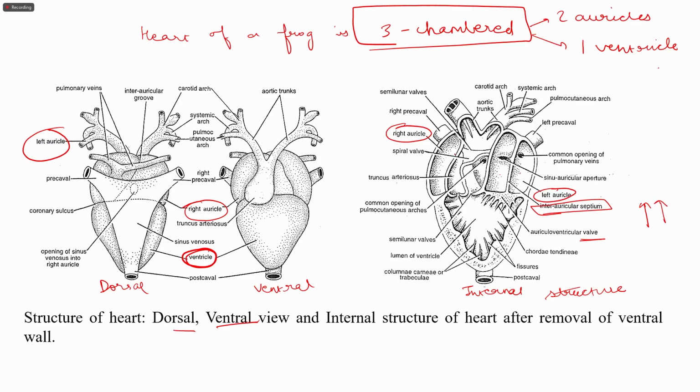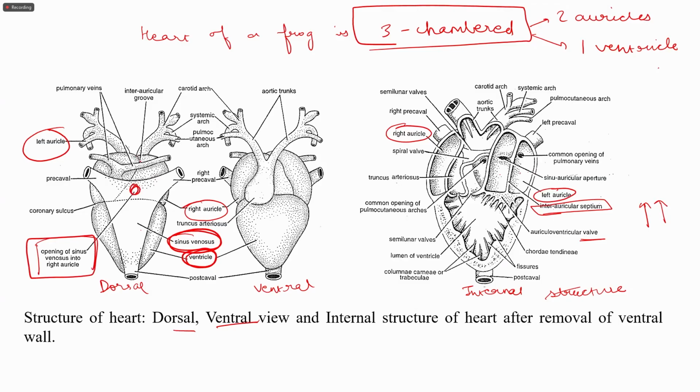On the dorsal side you can see the sinus venosus, and here is the opening of the sinus venosus into the right auricle.